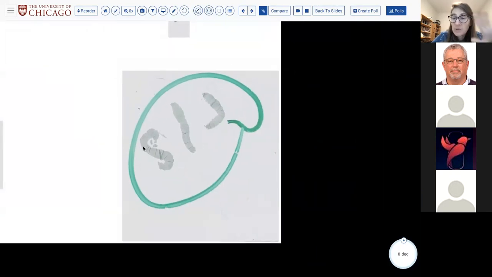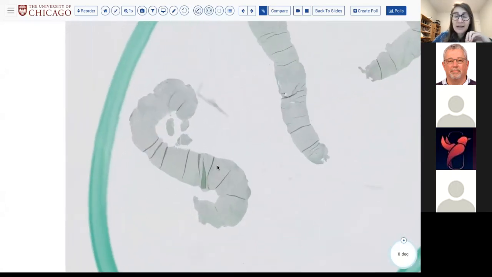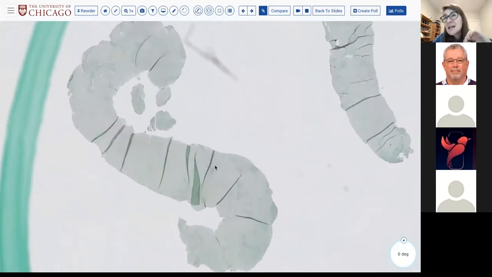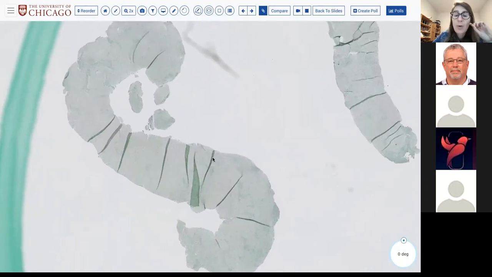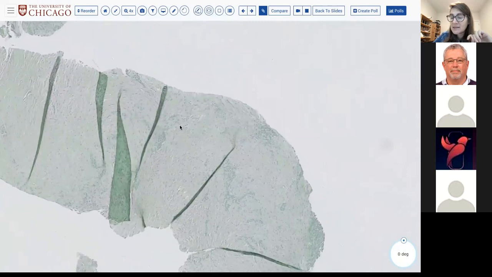Our lab has mucicarmine and it has PAS diastase. I tend to do both because sometimes one is better than the other. However, in our lab, I actually like the PAS diastase because I think it's cleaner and stronger and you have a control, right?